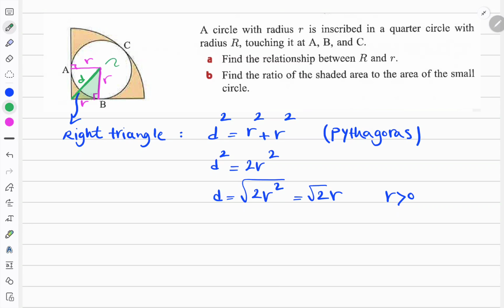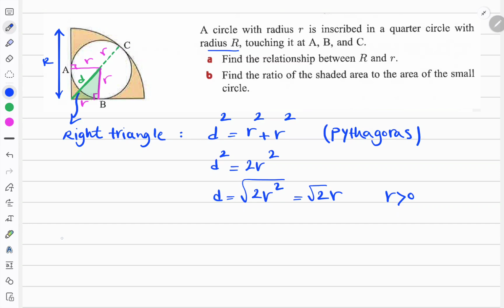And now I'm going to continue this line, and you know that this line is the radius of the small circle, so this is r as well. And we know that in the quarter circle, this is R, which is mentioned in the question.